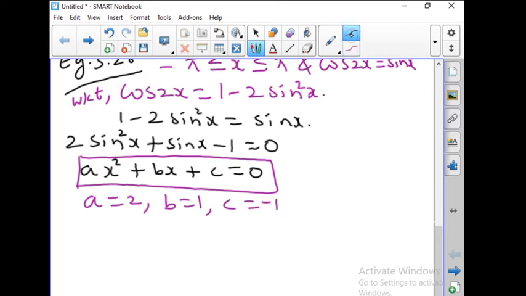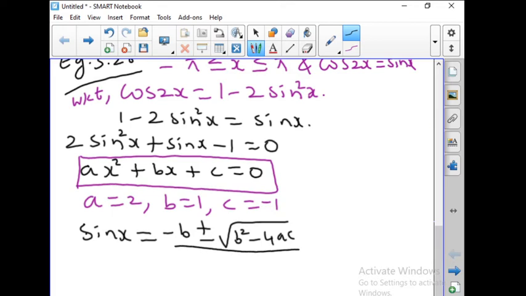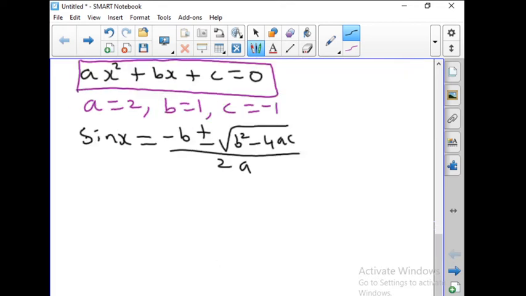Okay, this is a quadratic equation in sin x. So now substitute in the formula. What is the formula? sin x is equal to minus b plus or minus root of b square minus 4ac, by 2a.